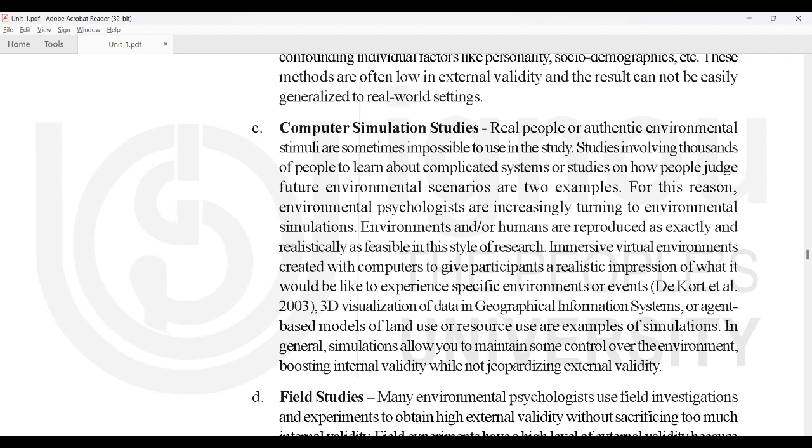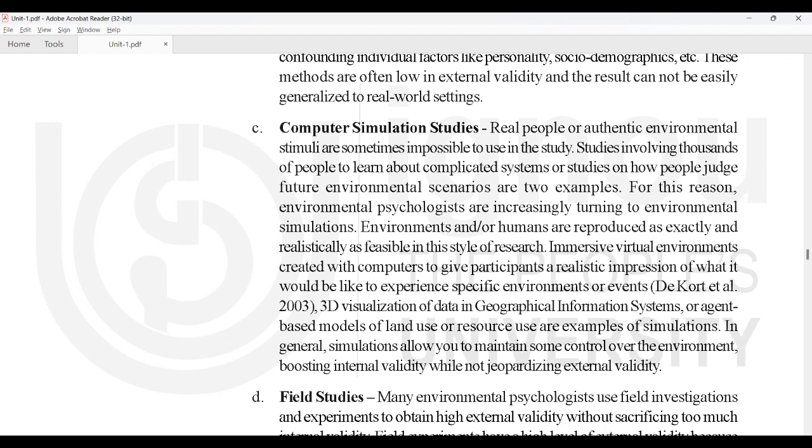Real people or authentic environmental stimuli are sometimes impossible to use in the study. Studies involving thousands of people to learn about complicated systems or studies on how people judge future environmental scenarios are two examples. For this reason, environmental psychologists are increasingly turning to environmental simulations.